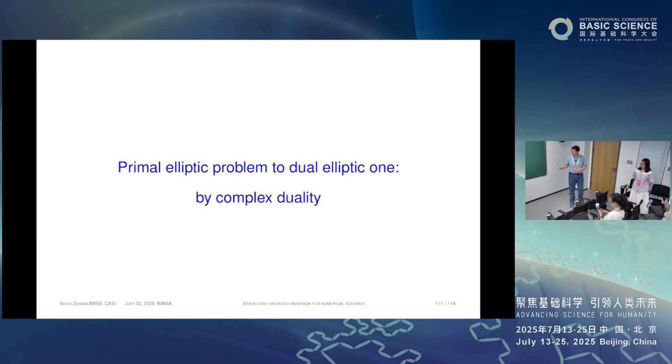So I would like to say, in our work, we transfer the essential condition to the natural condition, but not from an elliptic one to a mixed formulation. It's not to a saddle point, but from an elliptic one to another elliptic one. With this elliptic one, you can use deep learning to solve it very friendly.